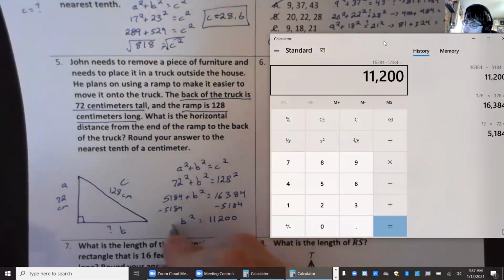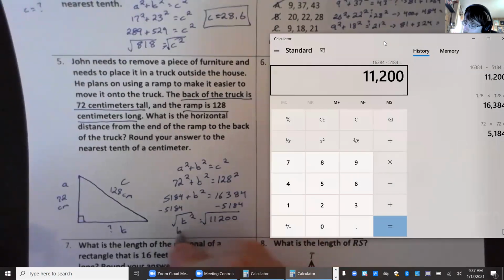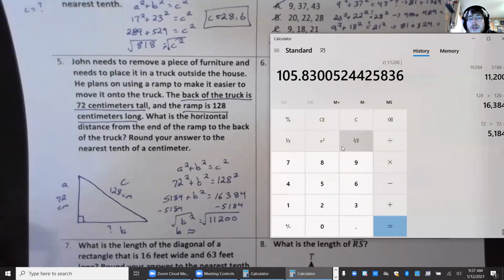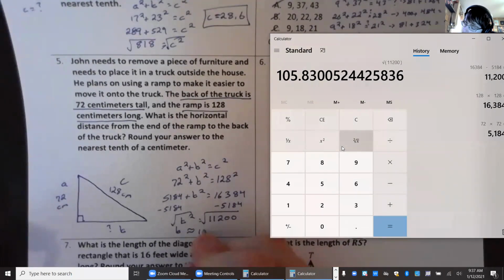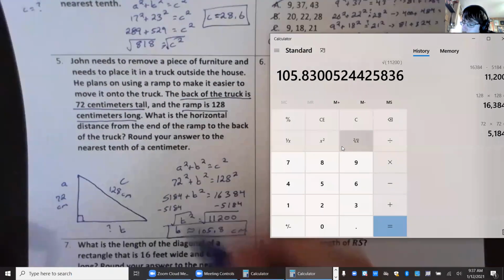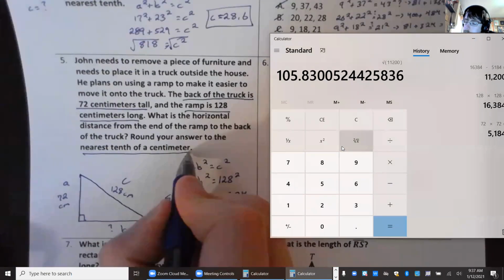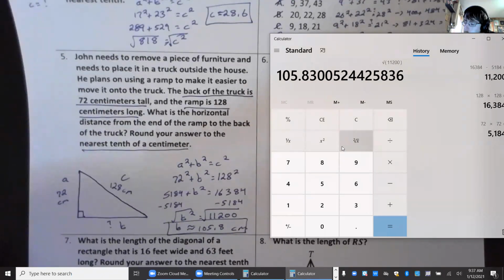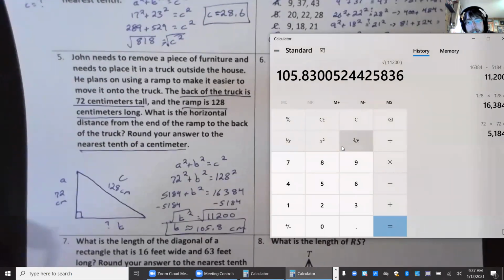To get rid of the squared, we need to square root both sides, and you get that b is approximately 105.8 centimeters. And the reason we rounded it to the nearest tenth is because it wanted us to round to the nearest tenth. Okay? So the distance there is 105.8 centimeters approximately.